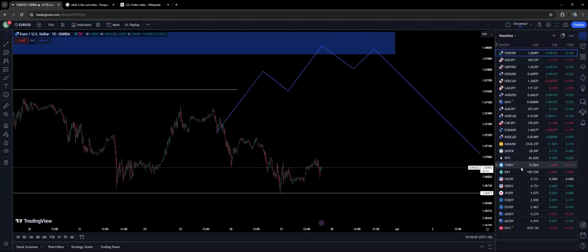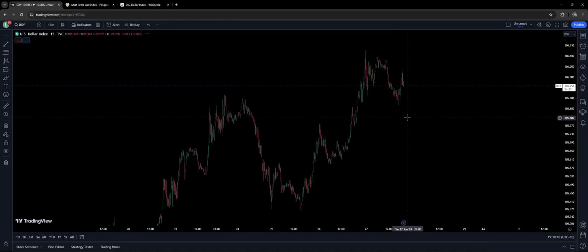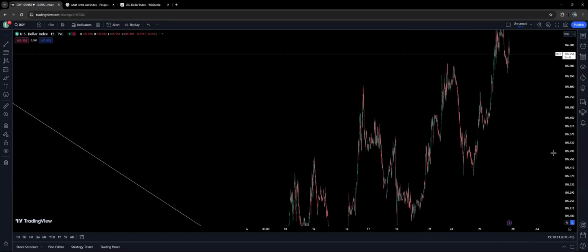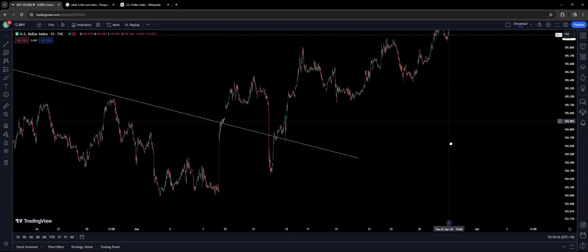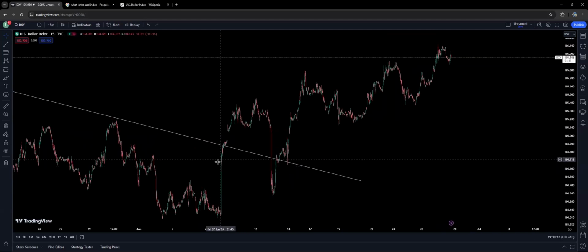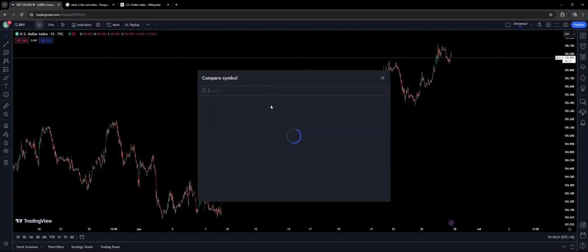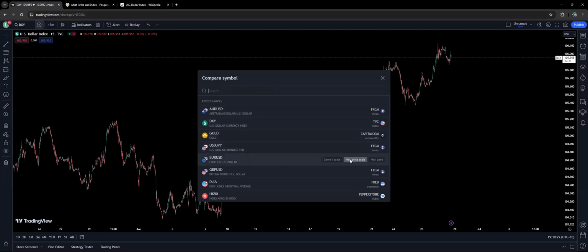So if we come here to DXY, which stands for the US dollar index, we can see that it just happened the opposite. Those up moves here were the down moves on euro dollar. Those down moves here were the up moves on the euro dollar. So let's add euro dollar here.